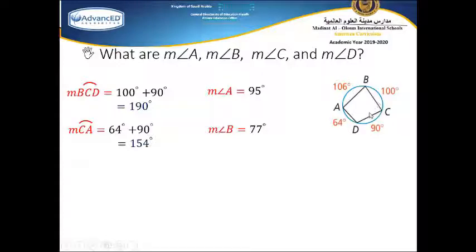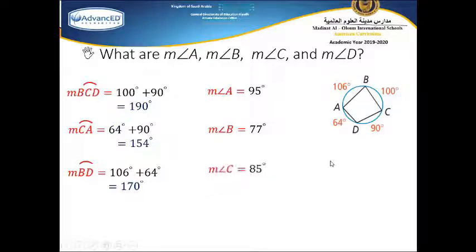The same for the measure of angle C. To find the measure of angle C, look at the intercepted arc DB. The intercepted arc DB here equals the sum of the two arcs, 64 plus 106, which equals 170. Then the measure of angle C, the inscribed angle, equals half the measure of the intercepted arc 170.